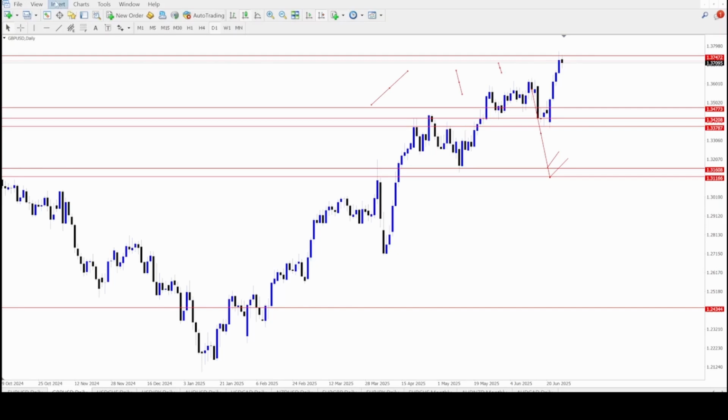If you enter at the current price, you might choose to enter at the close of this current candle, this Friday candle, and just go for a 1-to-1.